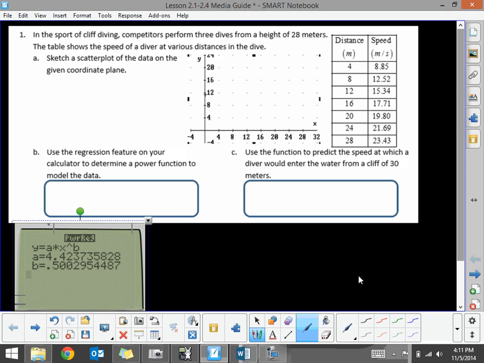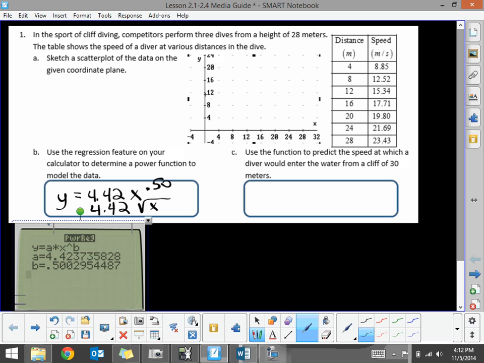I want to make sure that I write out this equation the same way they have it. So y equals the a value, rounded to the nearest hundredth, 4.42, times x raised to the value of b, and b is 0.50. In essence, when you raise it to the 0.50, it's basically 4.42 times the square root of x.